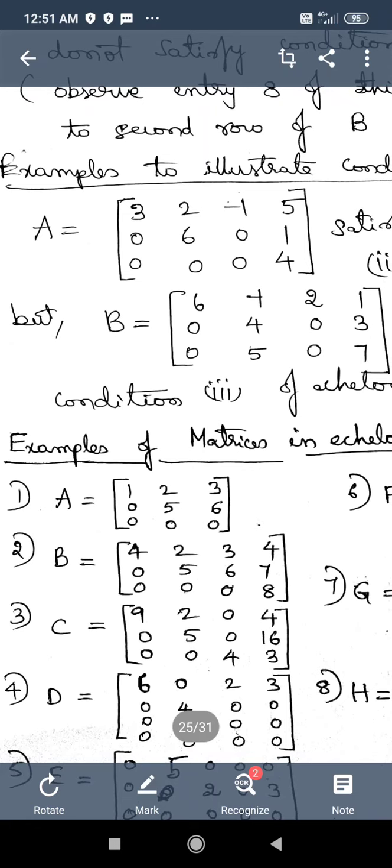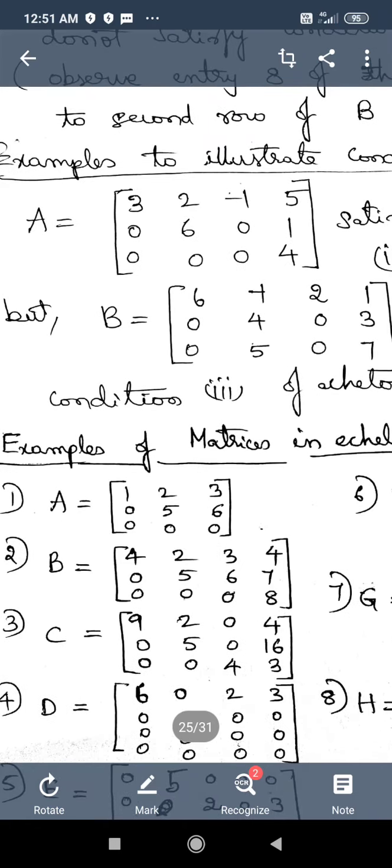Here I have given some more examples too. Capital C is the matrix 9, 2, 0, 4, 0, 5, 0, 16, 0, 0, 4, 3. Here also we can see that 9 is the leading element in the first row, 5 is the leading element in the second row, and 4 is the leading element in the third row.